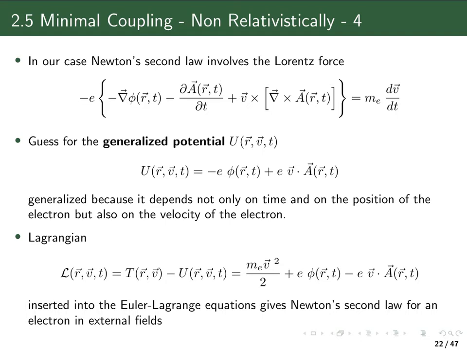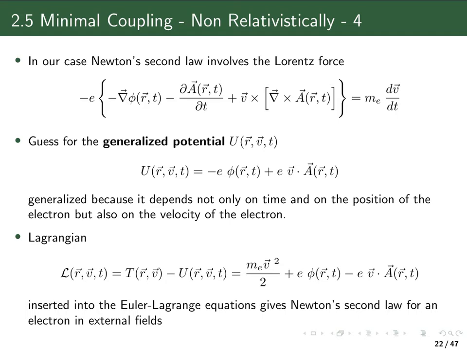Now the guess for the generalized potential looks like this. It's the charge times the scalar potential, minus the elementary charge of the electron times the scalar product of the velocity and the vector potential.